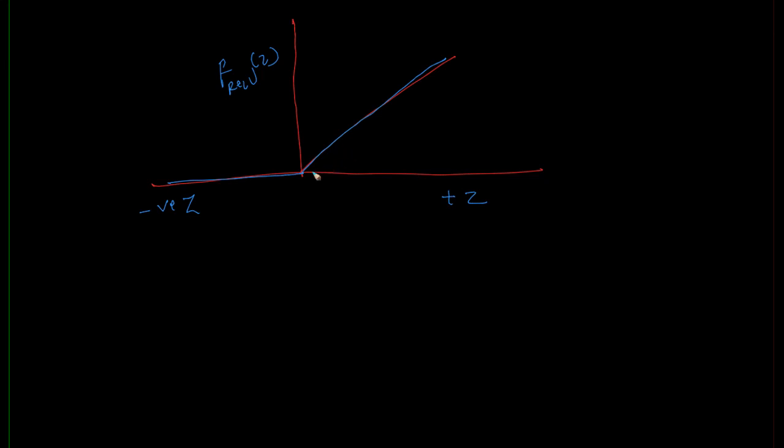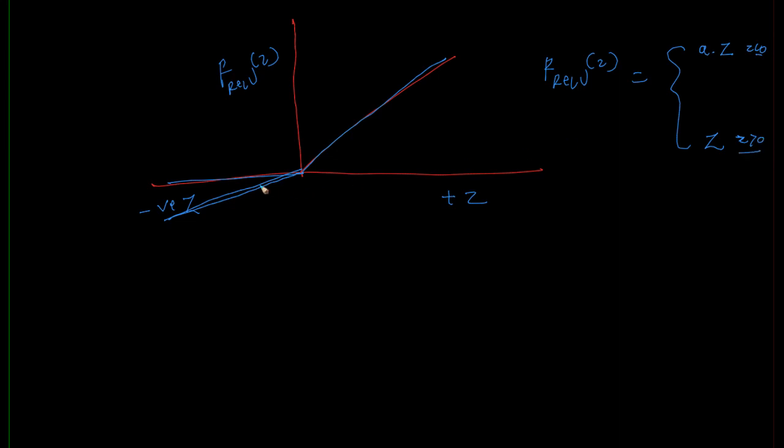Now what will we do? Rather than having f ReLU of z as 0 when z is negative, we'll give it a small value like this. That means I modify this f ReLU of z to be equal to some small value a times z when z is less than or equal to 0, and z when z is positive.